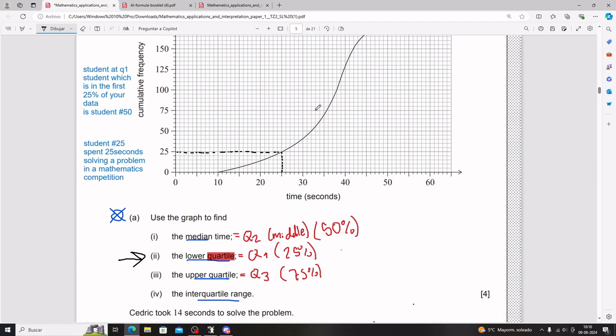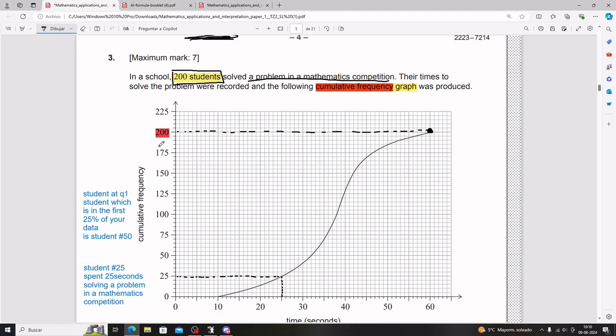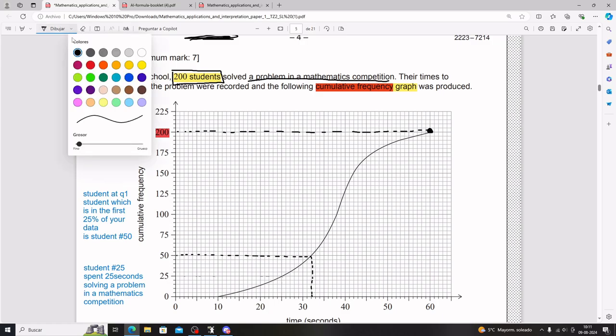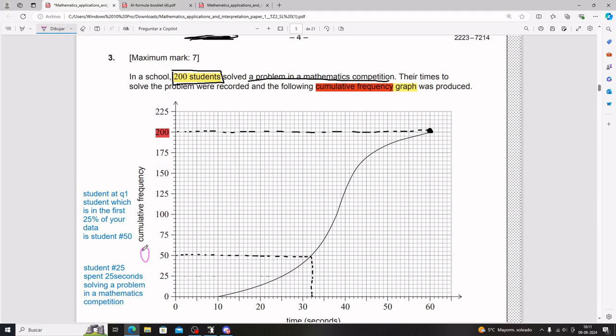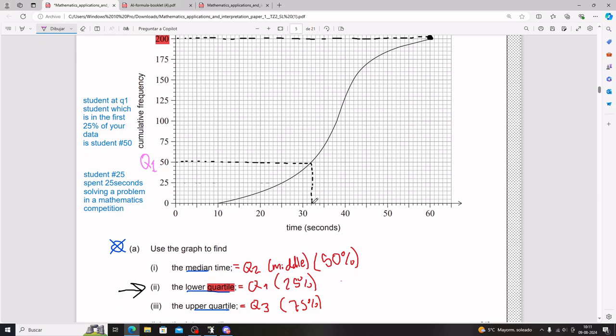And from here, it should be smooth sailing because now that we identified how to understand these sort of percents and proportions, we know that 50 students is 25% of my data. So over here, and just to remember, I can put that this is Q1, okay? So this is Q1, and Q1 is going to be 32.